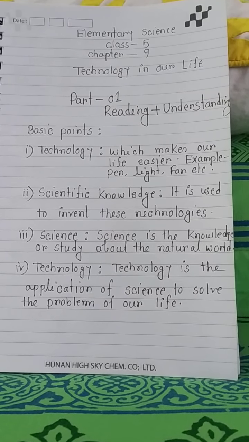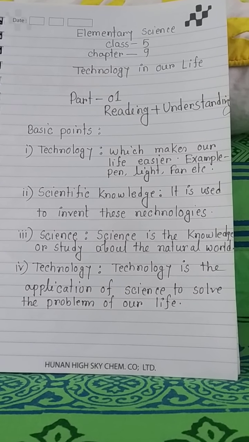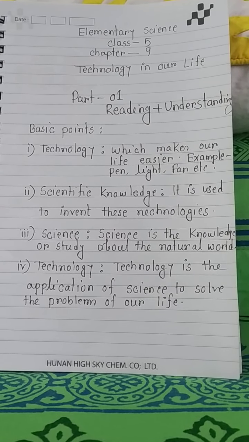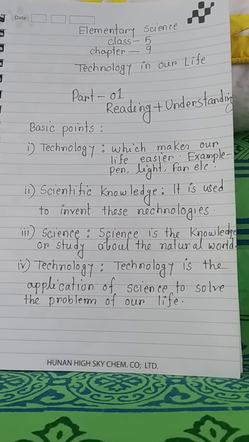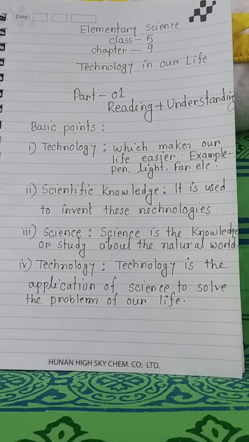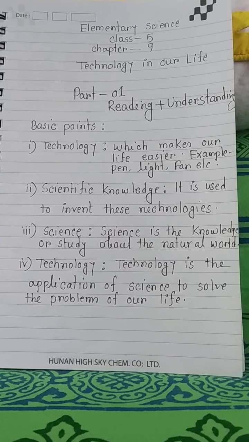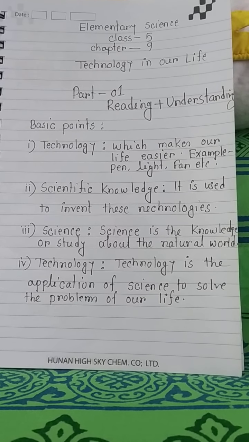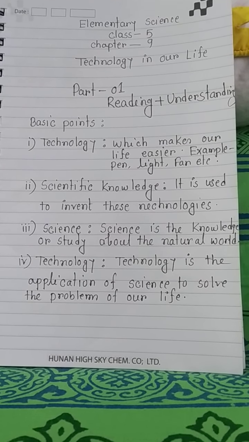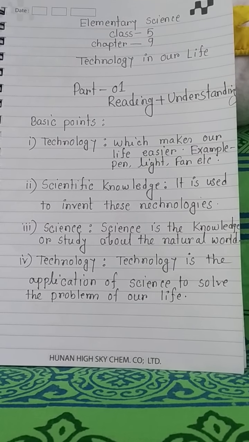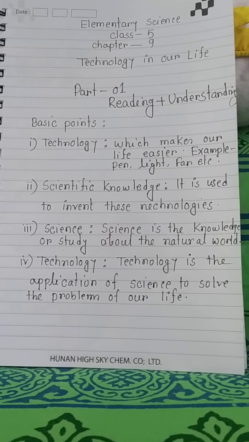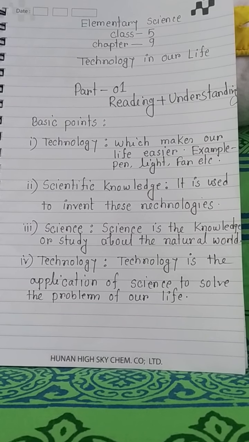First one, technology. Technology is something which makes our life easier. Example: pen, light, fan, etc. Next, scientific knowledge. It is used to invent these technologies. That means with the help of scientific knowledge, technology is invented. Number 3, science.